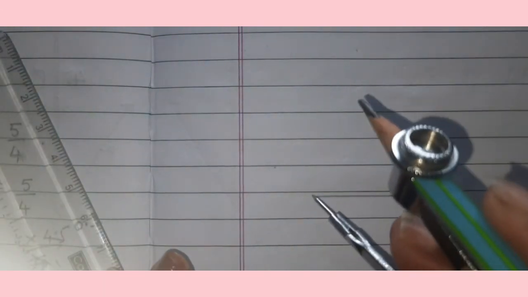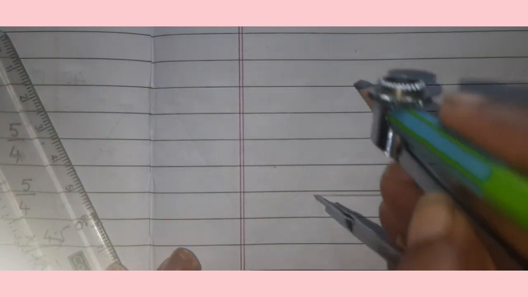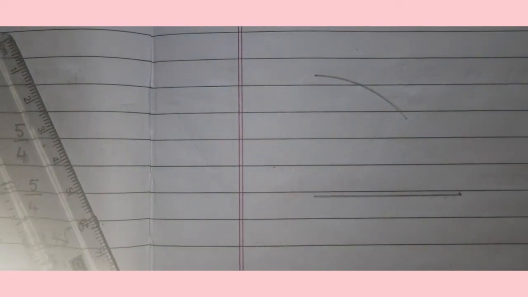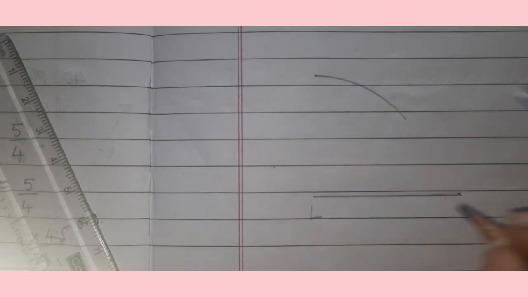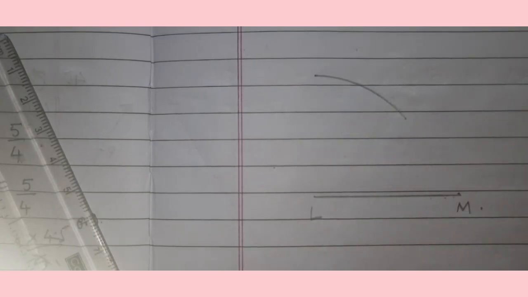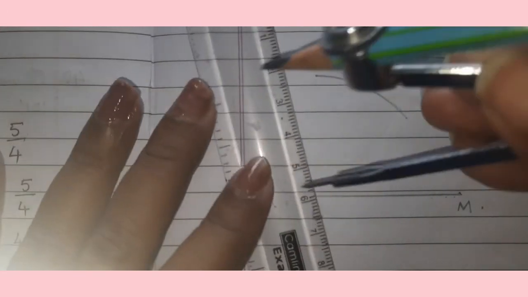So here, draw an arc. This is LM, right? So N will come over here. Now the measure of MN is 4.8.